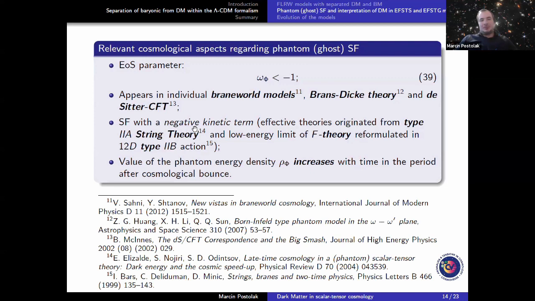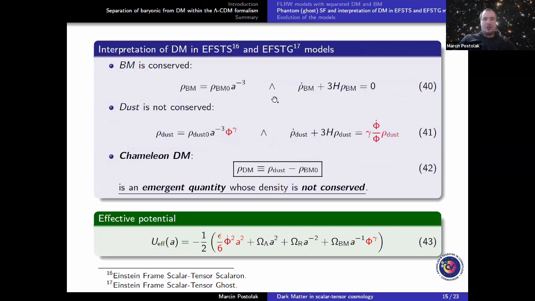And in fact, it is just a scalar field with a negative kinetic term, the so-called wrong sign term, and it comes from the type 2A string theory and the low energy limit of the 12-dimensional type 2B action. And what is important is the fact that the value of the phantom energy density increases with time in the period after the cosmological bounce.